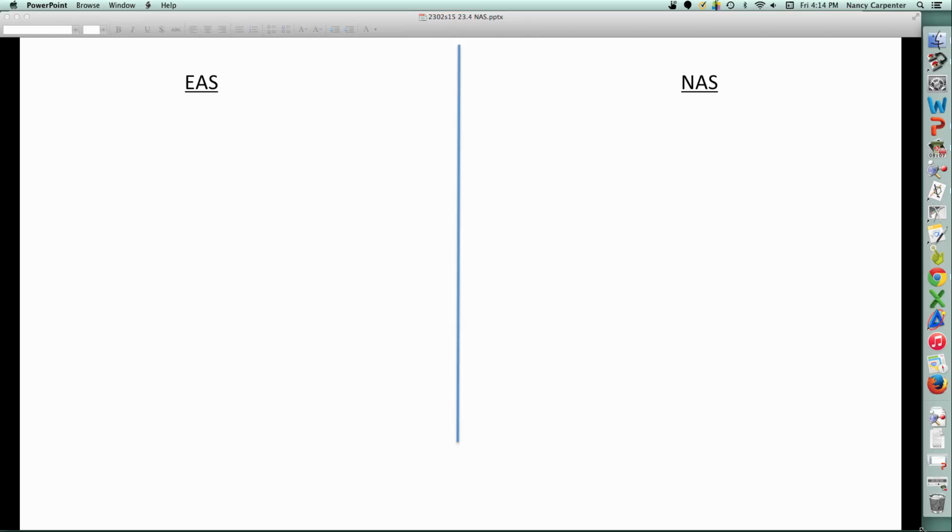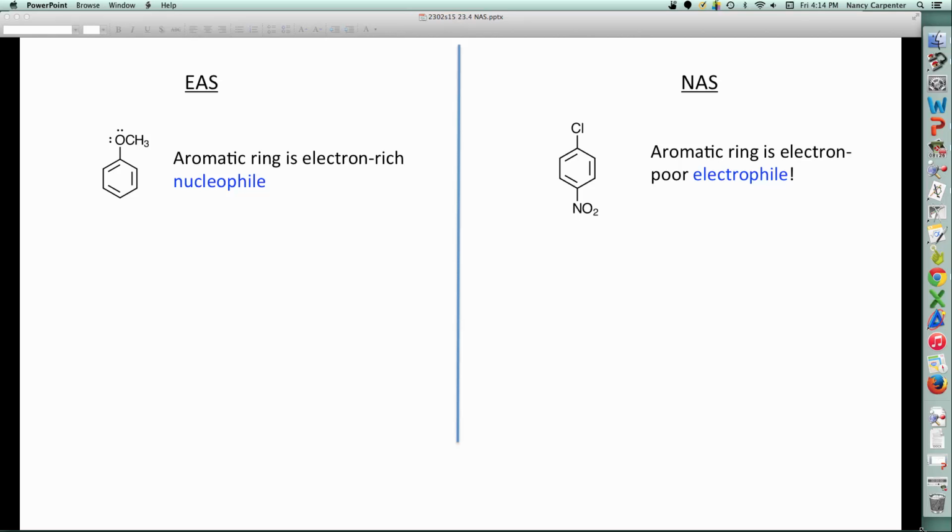So, side by side, electrophilic aromatic substitution, nucleophilic aromatic substitution. In electrophilic aromatic substitution, what is the nucleophile? It's the aromatic ring. The more electron-rich it is, the faster the reaction goes. Just the opposite for nucleophilic aromatic substitution.